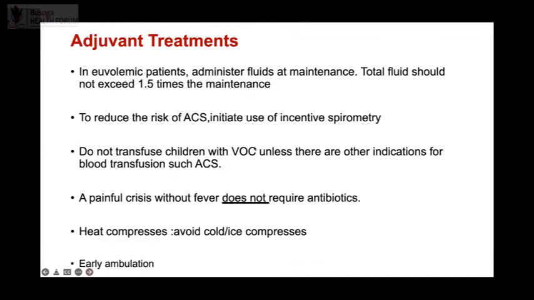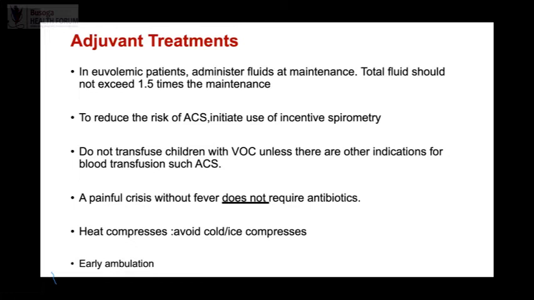Okay. Other adjuvant treatments, what else do you do in a child who has pain? Hydration, okay? If the child is not dehydrated and not hypervolemic, just give fluids at maintenance. If they're dehydrated, that's when you multiply it by 1.5, but you should not go more than 1.5 because you don't want to overhydrate them and cause fluid overload, which is going to give you acute chest syndrome. So for all patients who have pain, use incentive spirometry.